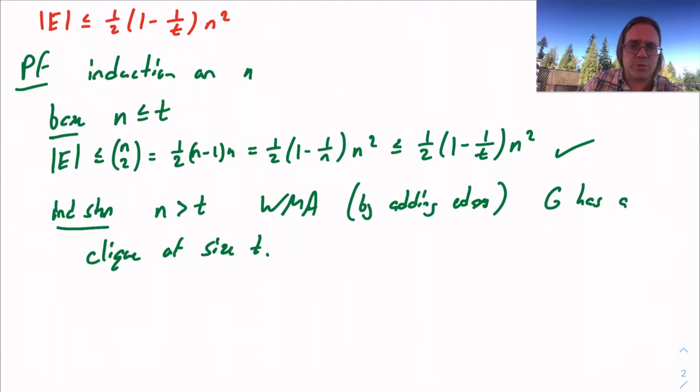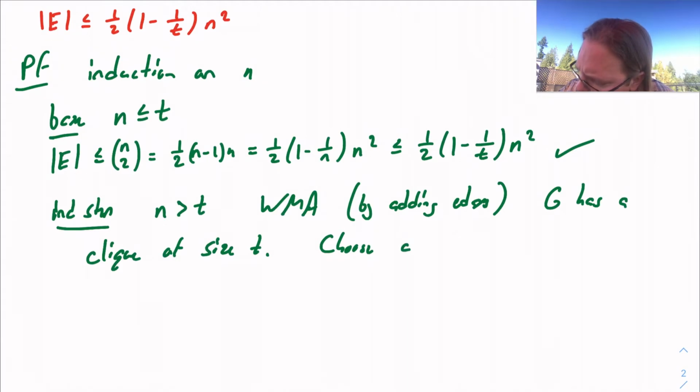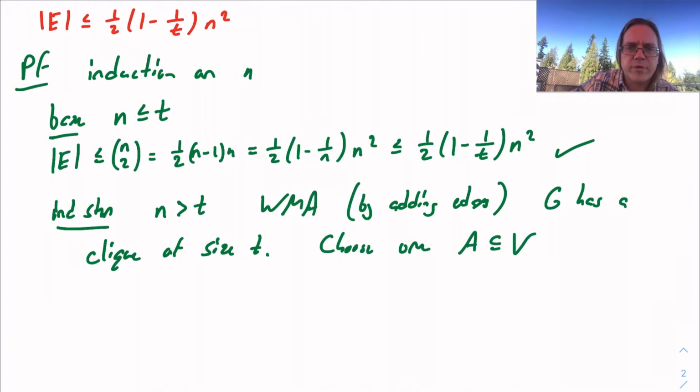Okay, at any rate, at the moment we know that there's a clique of size t, and I'm going to choose one. So I'm going to let A be a clique of size t, and I'm going to let B be the rest of the vertices.